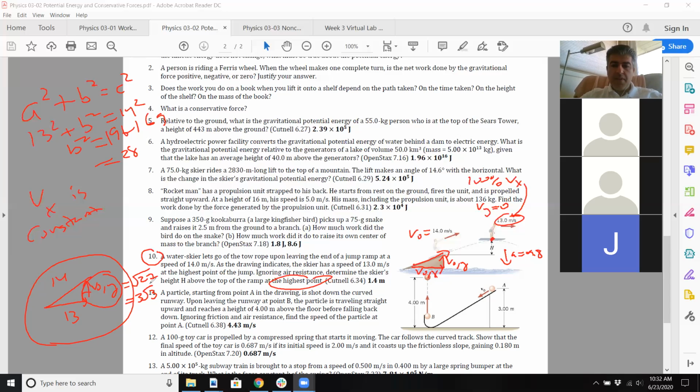So what we can gather is that now we have to use conservation of energy, basically. That's what we're trying to do here. So our kinetic energy initially plus our potential energy initially is going to equal our potential energy final, or our kinetic energy final.